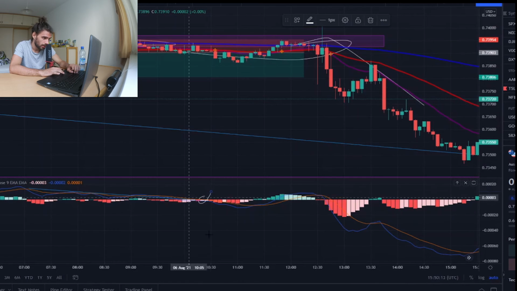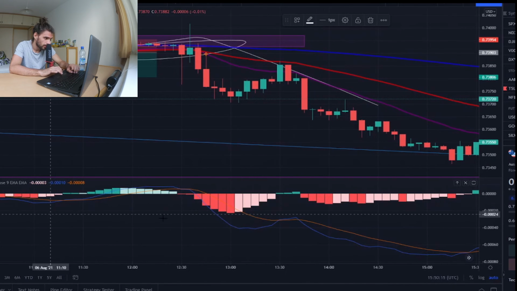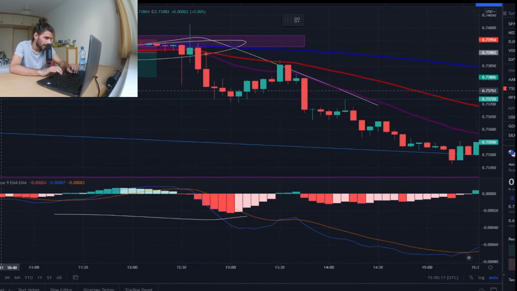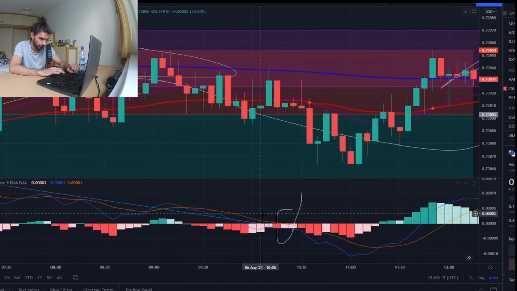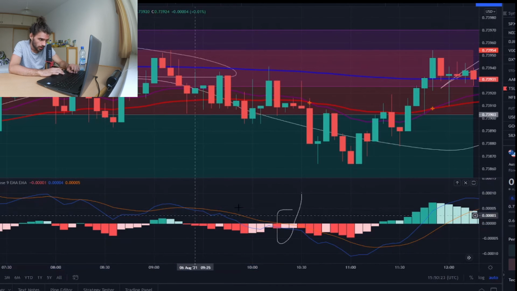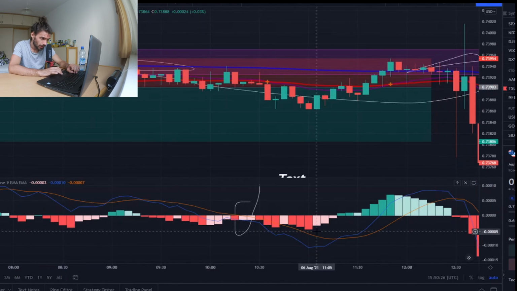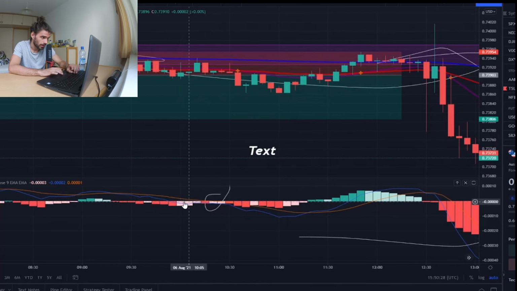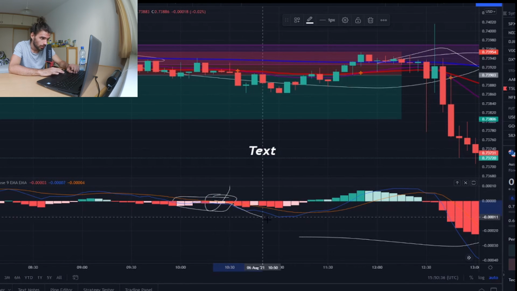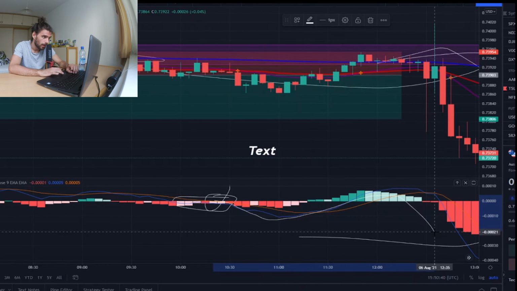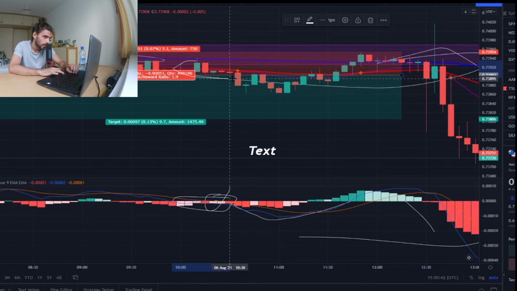Now the MACD here had, suddenly, what is this line? We had here around this area a trend where the MACD suddenly went below the 0 line, which means that we might see a change of direction as well and go lower, which will be somewhere around here.